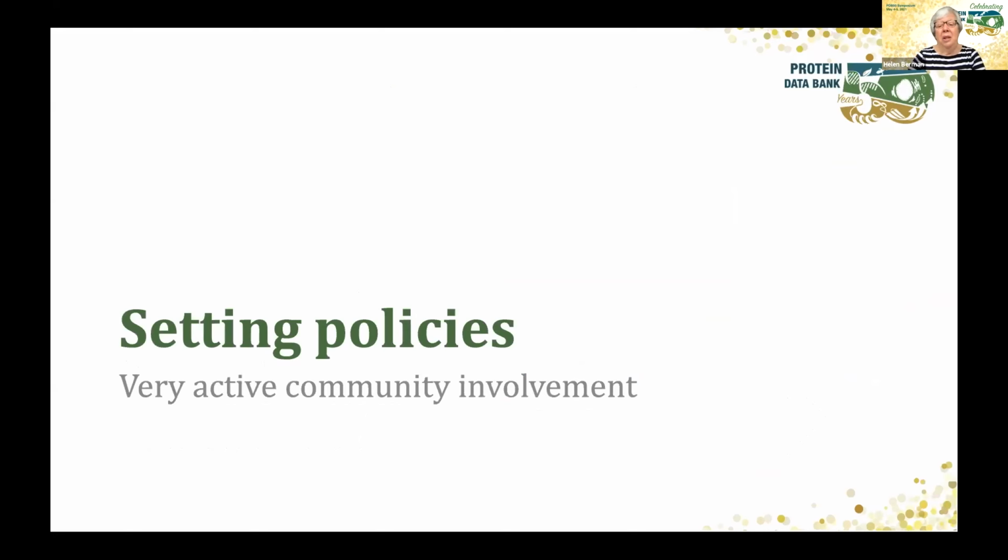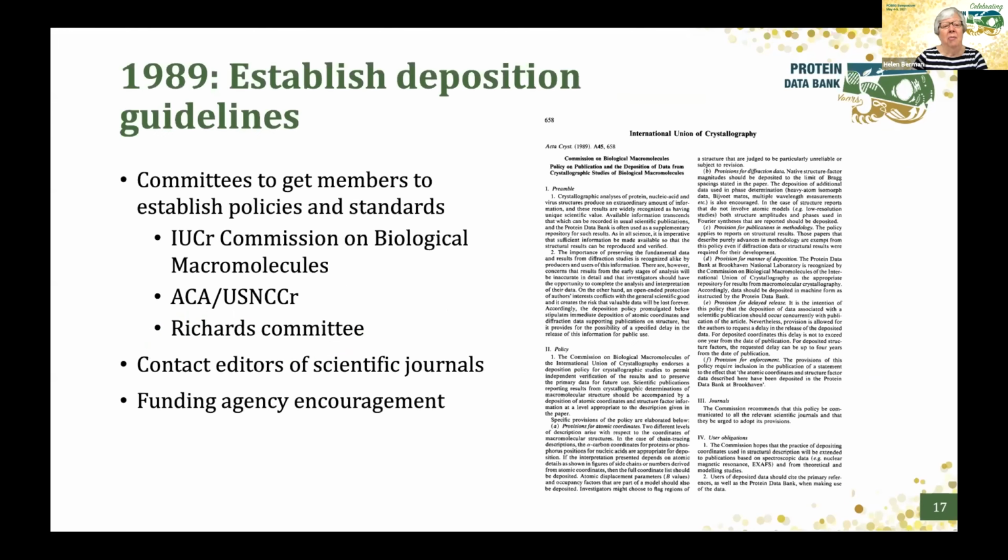So how do policies get set up? From the beginning, as I've told you, there's been very active community involvement. The most important policy thing that happened was to establish deposition guidelines. There was no imperative to put data in the PDB, but many people felt that it was essential that it become mandatory for the data to be in the PDB.